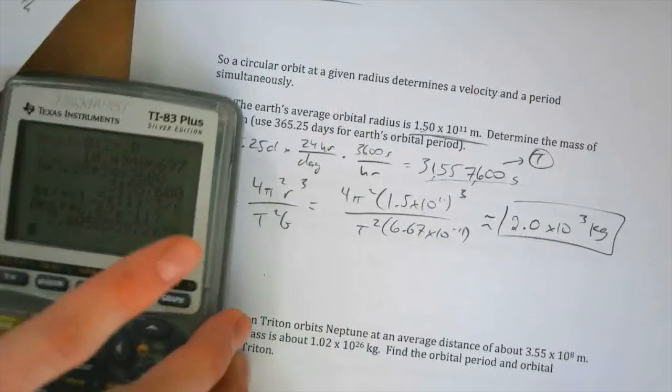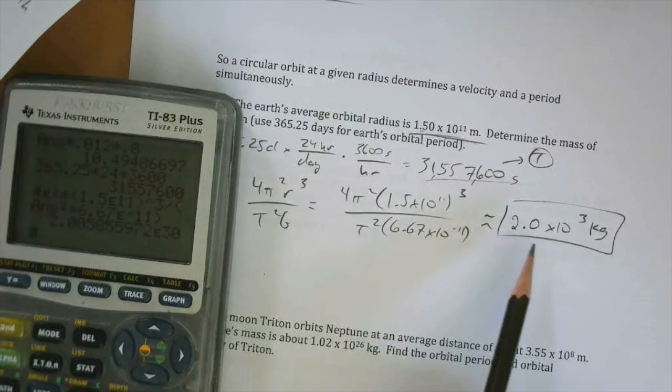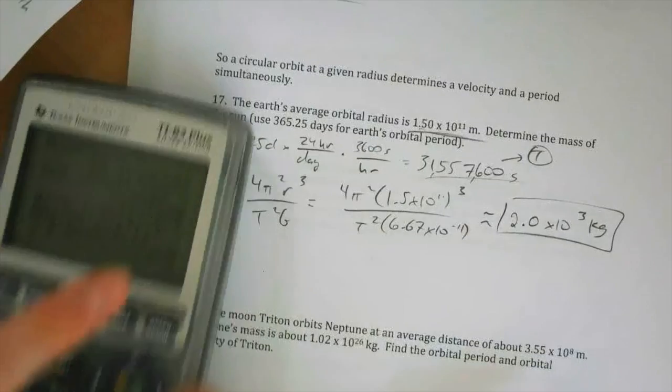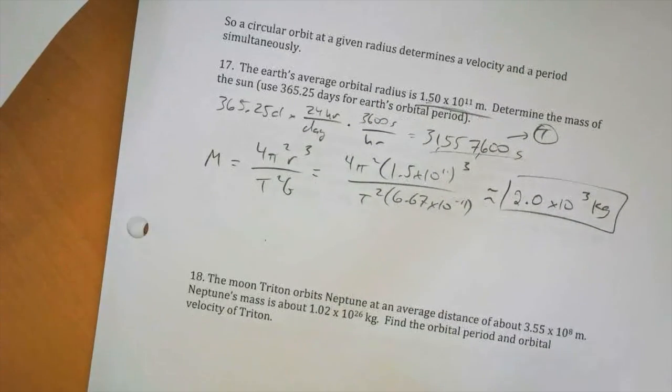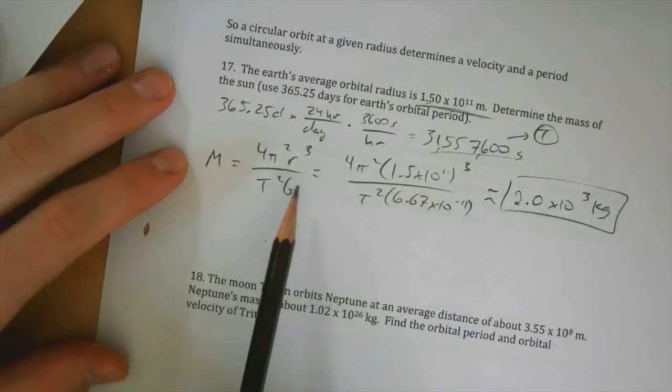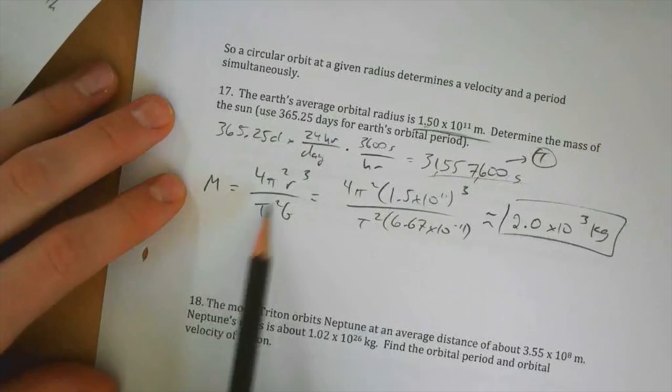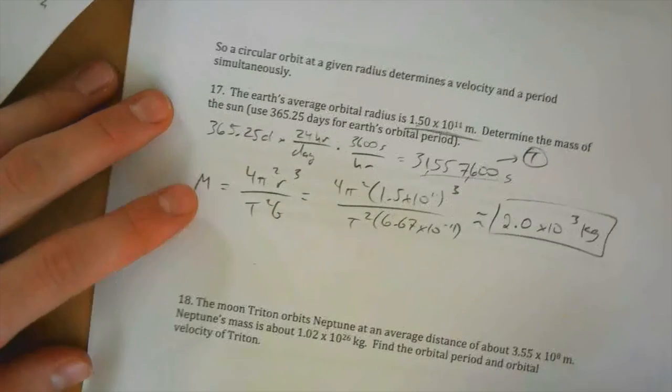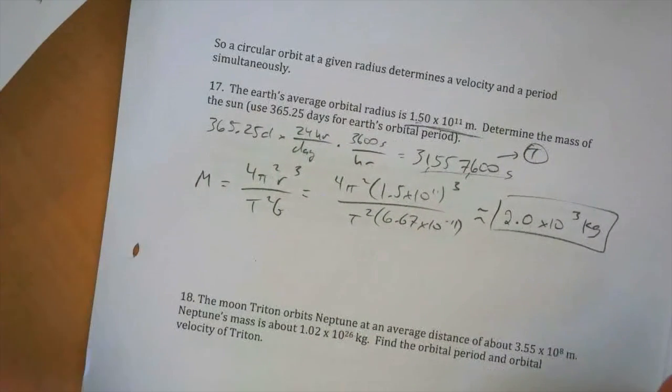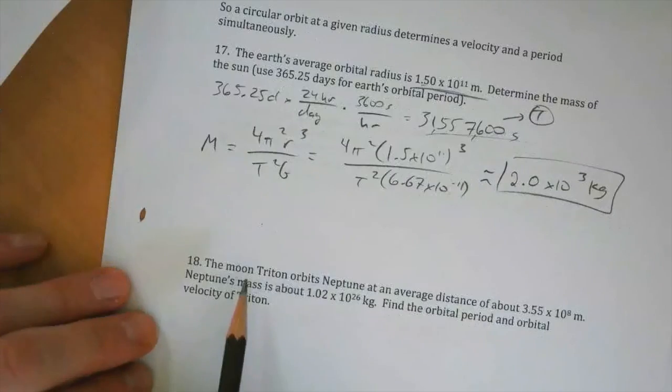If you look it up on Google or in your textbook, it'll say either 2.0 or 1.99 times 10 to the 30th kilograms. That's pretty darn close. It's interesting to note that the mass of the Earth does not come into this calculation at all.